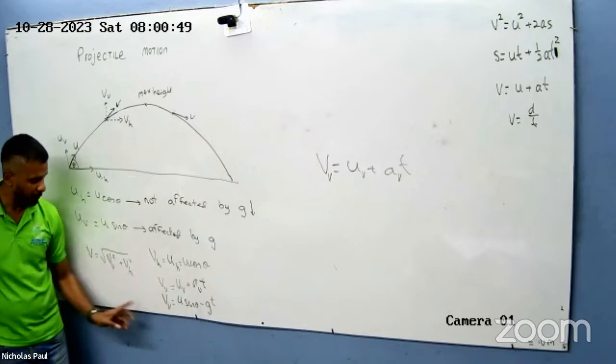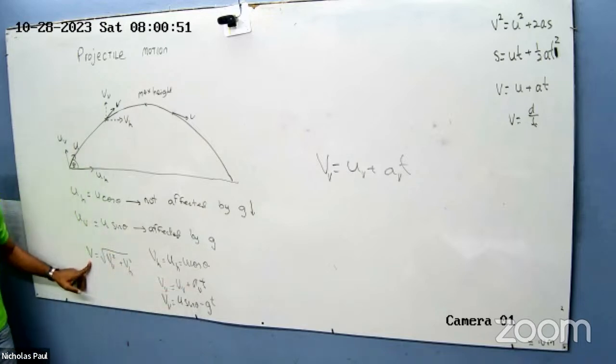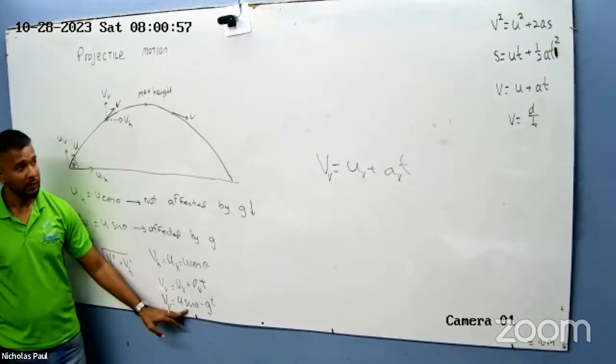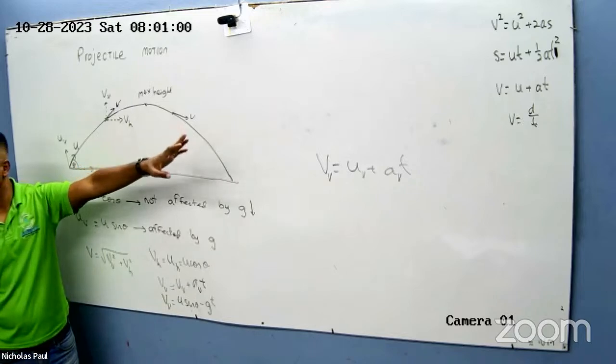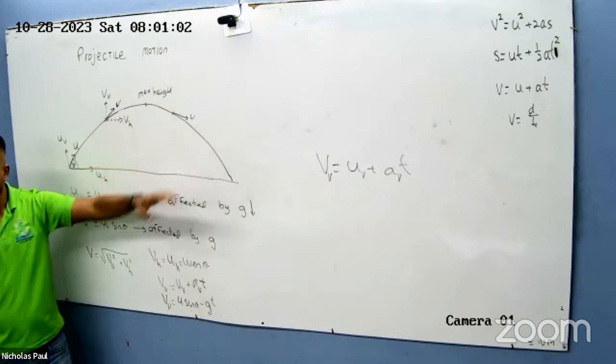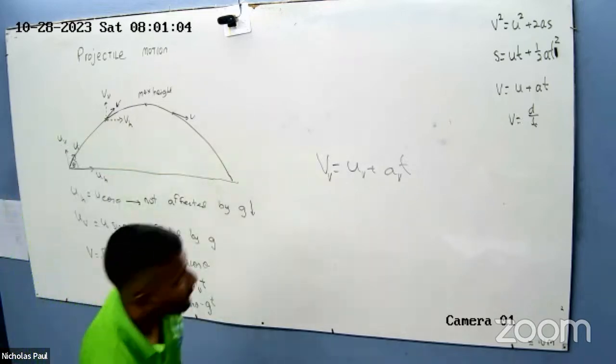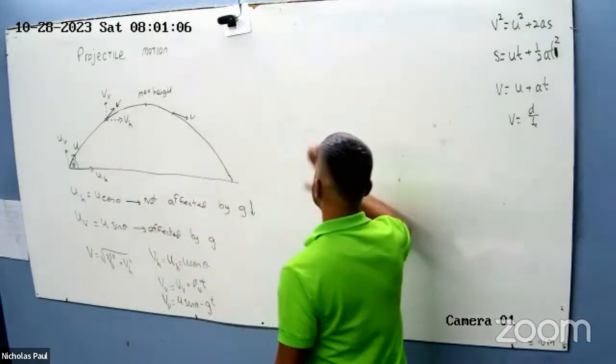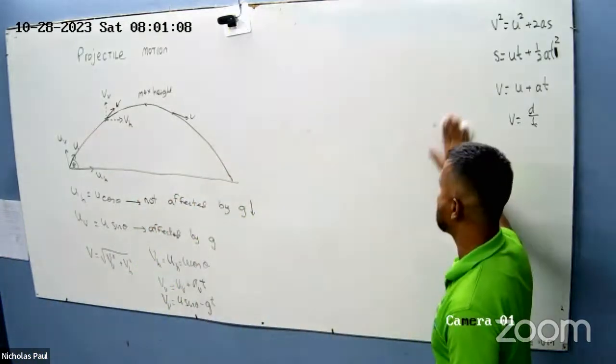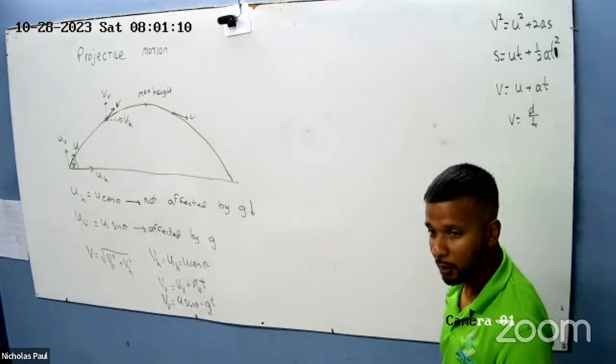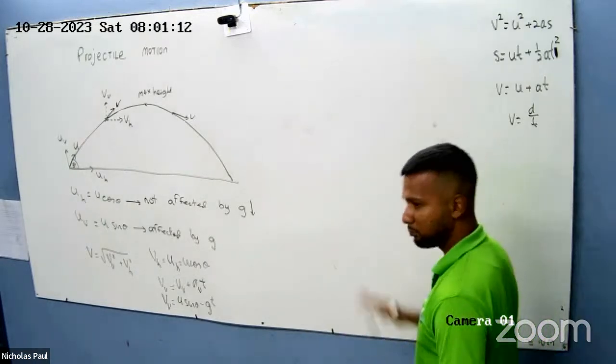When you work it out, you square it and you get the velocity at any point in time. Okay with that? Don't try to learn this off. Just understand how to use the equations of motion. So at any point in time, I can find the velocity by using those equations there. Take that in first, copy it down.